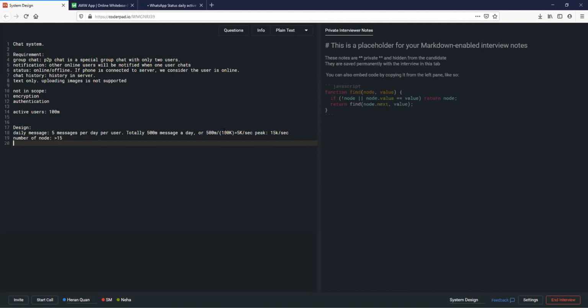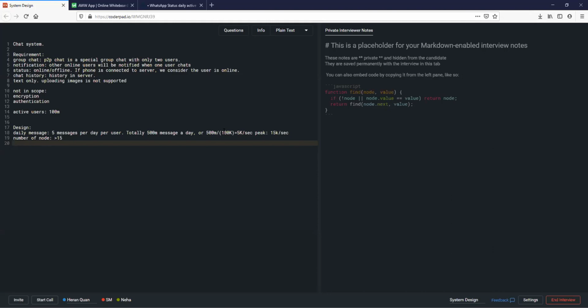One question: how did you decide on 1,000 per second for one node, the throughput per node? Yeah, this is some experience. I don't know where it comes from, but I heard in some articles that usually one node can handle 1,000 requests per second.